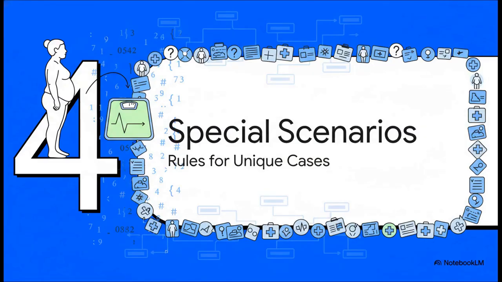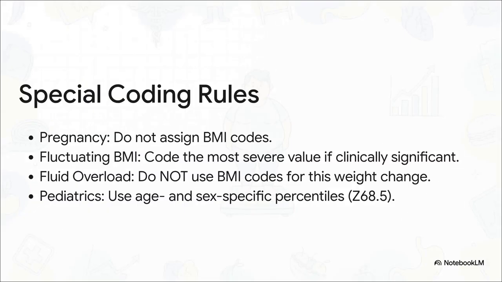Of course, coding is never that simple, right? There are always unique cases and special scenarios. So let's just quickly run through a few key rules you absolutely need to know when the situation isn't so straightforward. Okay, first up, pregnancy. During a pregnancy, you do not assign BMI codes. Full stop. Easy enough?